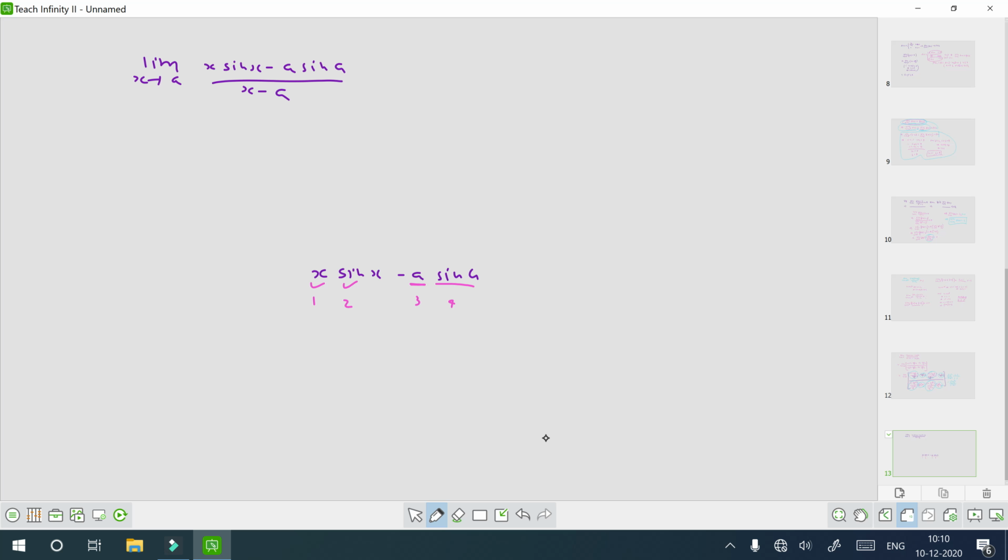In that case, see, x sin x is there. If there were x sin a, then we could take x common, so sin x minus sin a, and we could simplify it. Yes or no? So, product of second and third, or product of first and last, subtract and add.